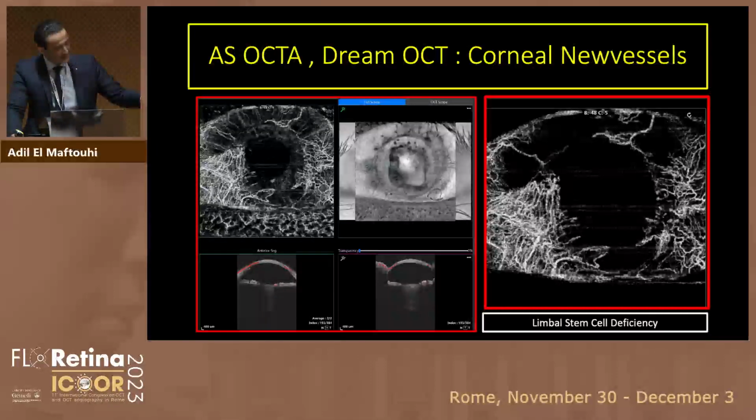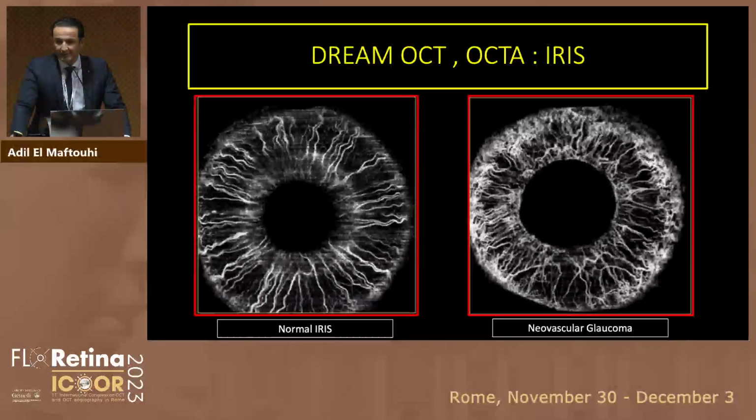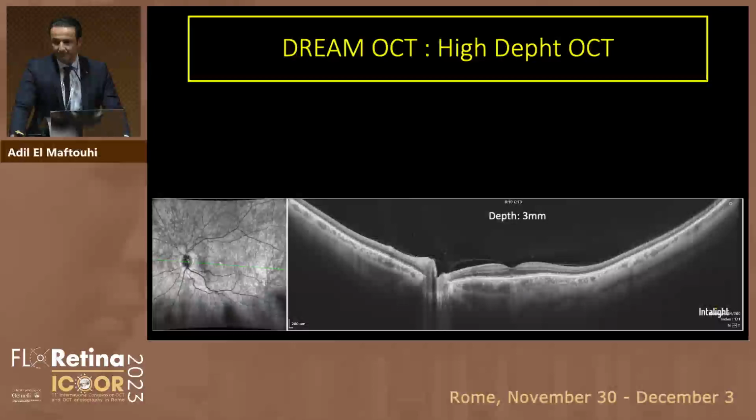In this case of limbal cell deficiency, you can identify corneal new vessels. Iris OCT angiography is very easy, and now you can compare with neovascular glaucoma with the increase of the vessel density. So for the anterior segment, DREAM OCT brings a multimodality approach with B-scan, en-face OCT, and corneal topography.